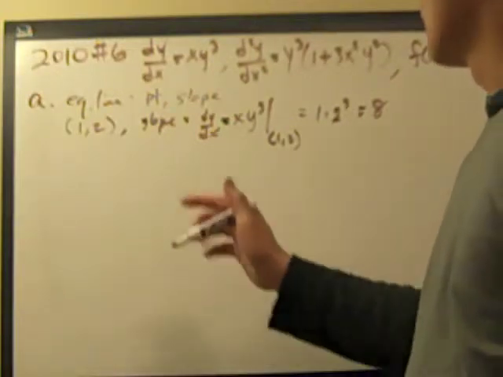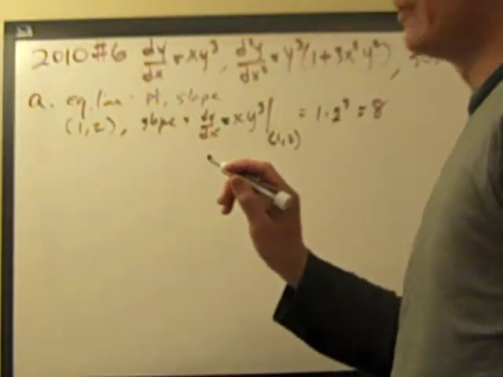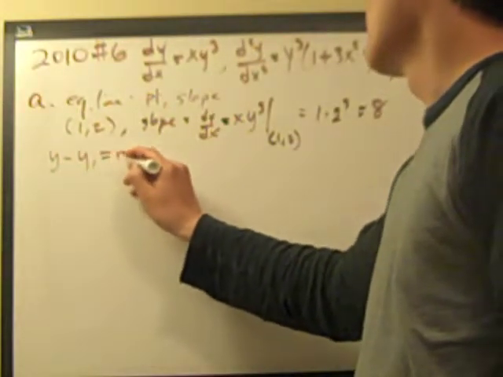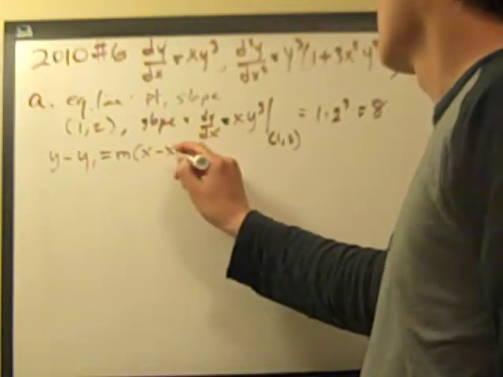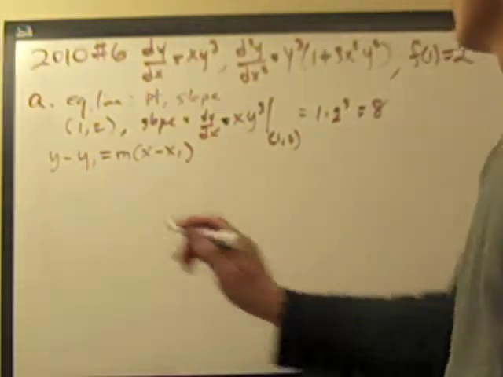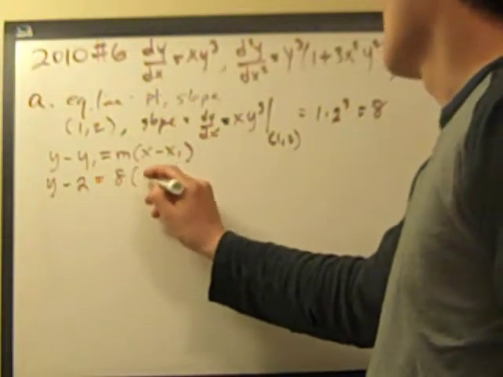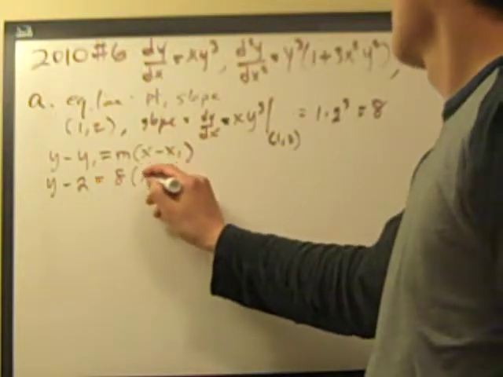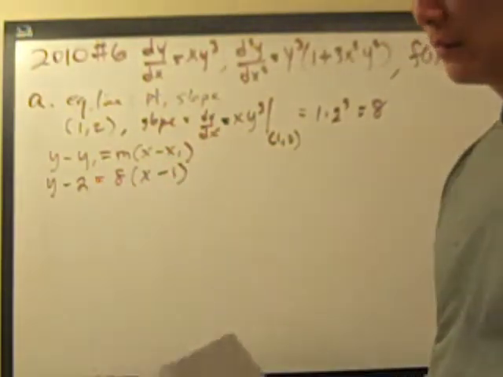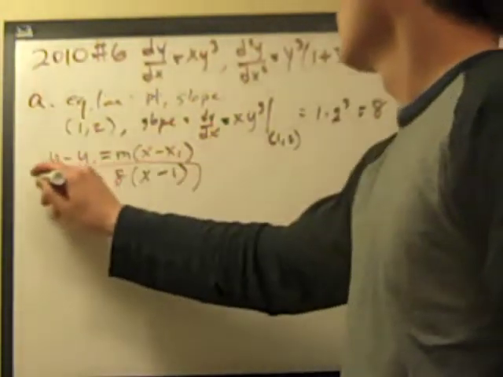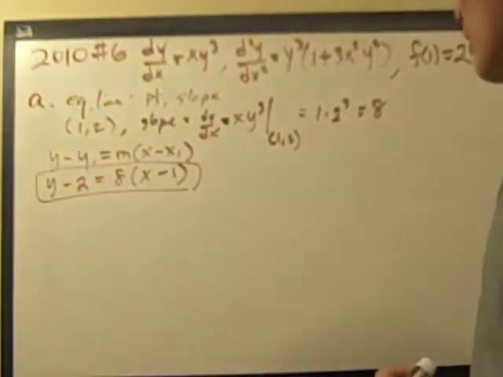Now we're ready to write an equation of the tangent line. y minus y1 is equal to m times (x minus x1). So we get y minus 2 is equal to 8 times (x minus 1). That is the equation that you can leave as the answer.